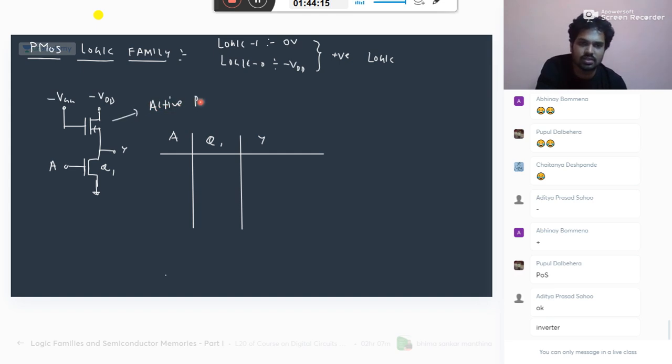It is just like a resistor only. Permanently conducting, it will act like a resistor, so it requires less area compared to a conventional resistor. So in circuit design, we take this active pull-up resistor.